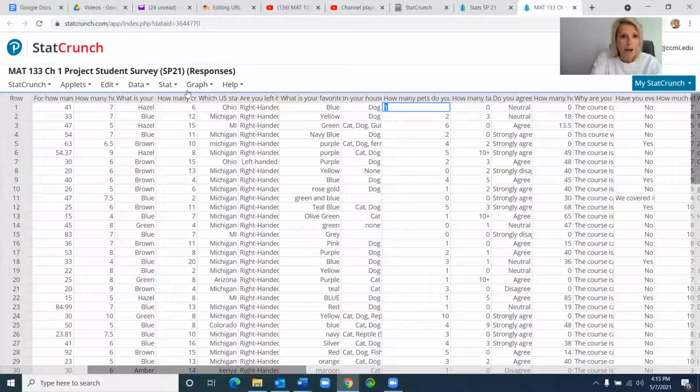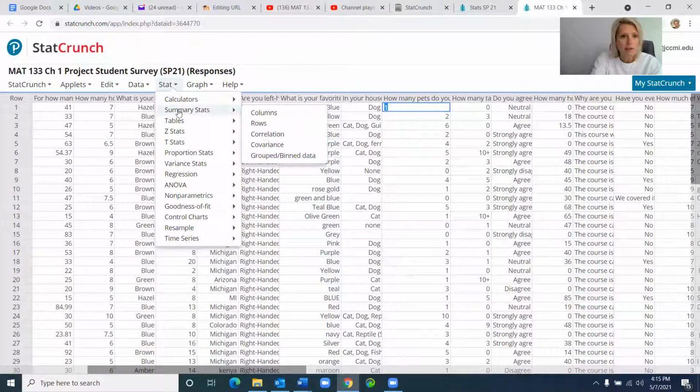So we're going to go to Stat and Summary Statistics into Columns. And I'm going to write this on my paper so we can follow in the middle. So Stat, Summary Statistics, and Columns.